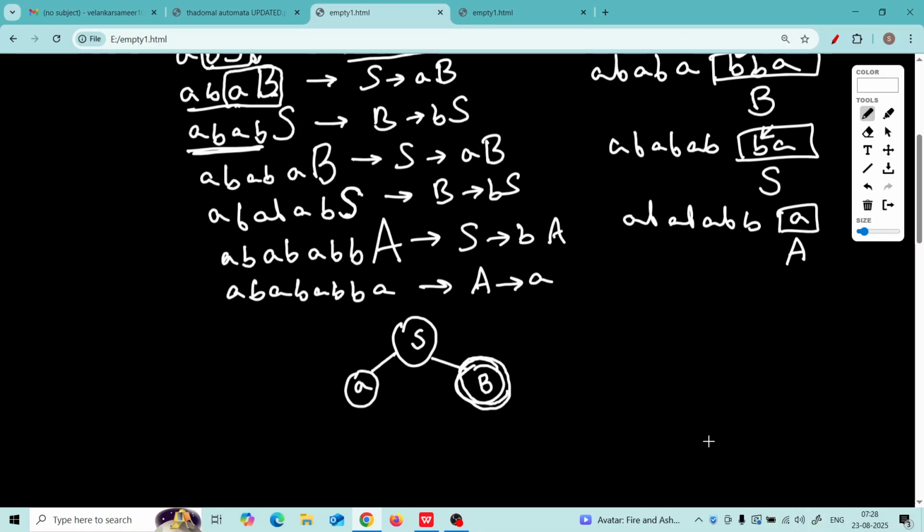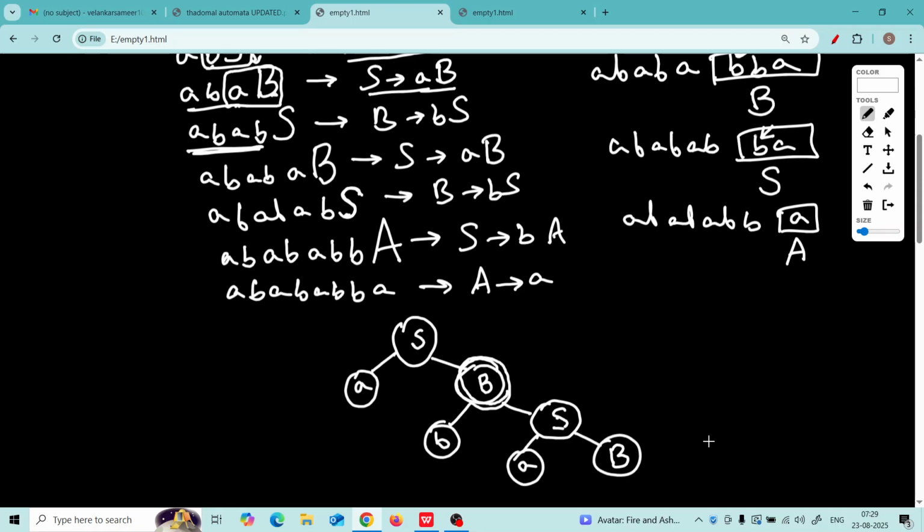So this capital B became b capital S. Then in the next step, you substituted this S with aB. So it becomes a capital B. Are you following?